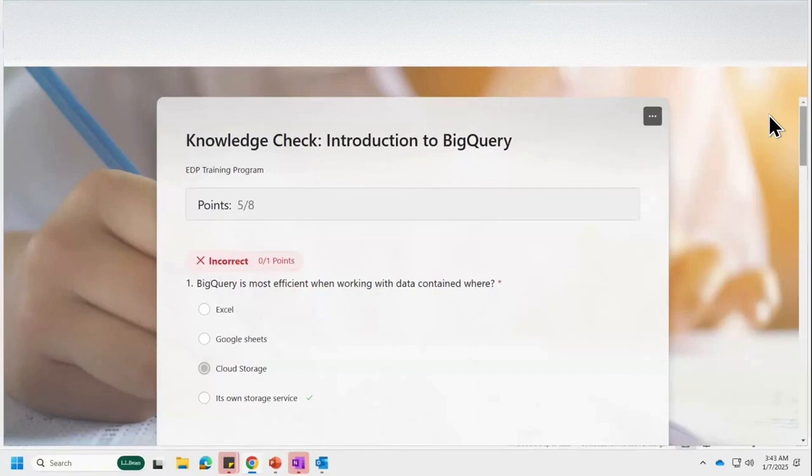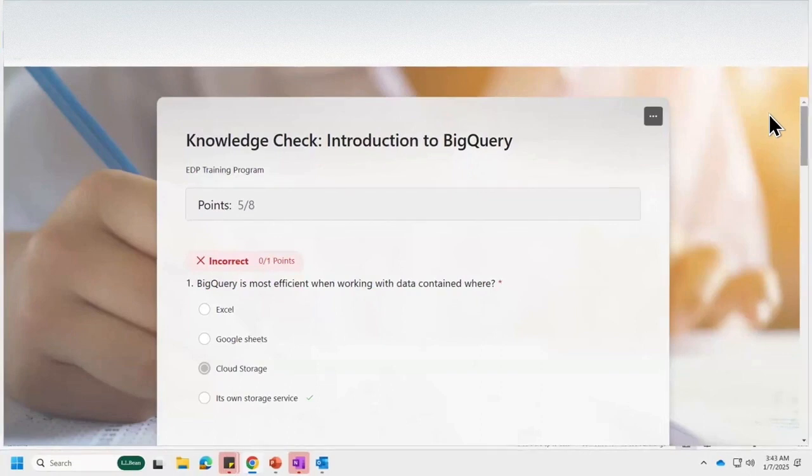It doesn't have to load all that data in its own service. That is why it has its own storage and it has its own query as well.